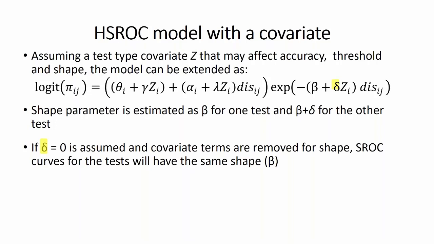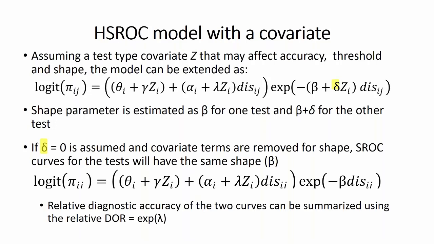And sometimes we do have to make this assumption because we don't have enough studies in there to reliably estimate different shape for different tests. And if we do that, then we can express the relative accuracy using the relative diagnostic odds ratio.